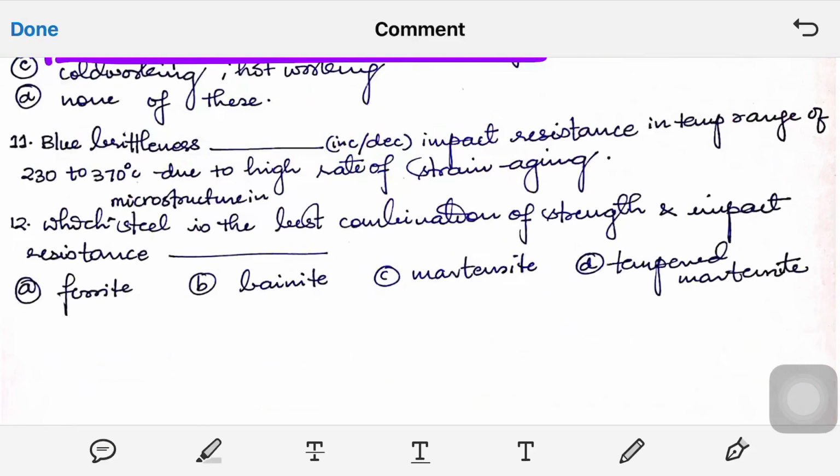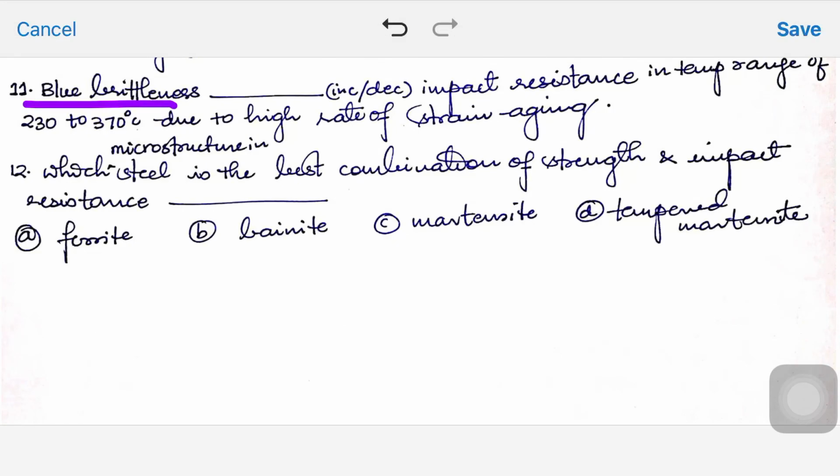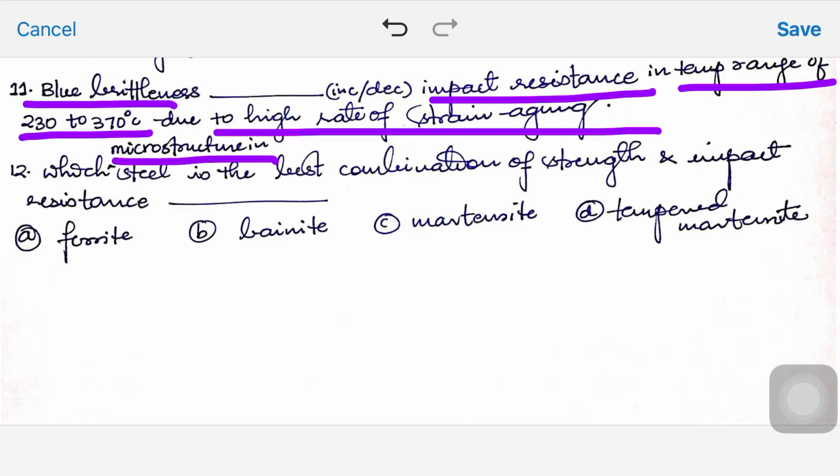Move to the next. Blue brittleness: does it increase or decrease impact resistance in the temperature range given, due to high rate of strain aging? As the name suggests, this is the brittle nature that occurs in steel in the temperature range of 232 to 370, and this is due to high rate of strain aging. So brittleness occurs, which means DBTT has been increased.